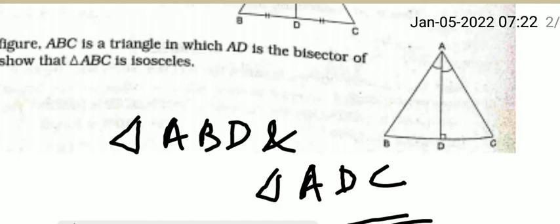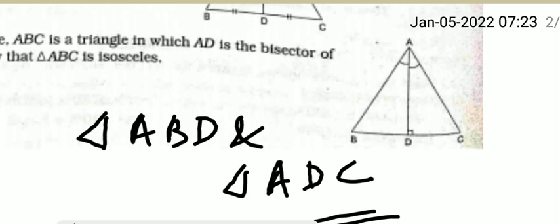So therefore you have to write that triangle ABD is congruent to triangle ADC by AAS criteria, angle side. Then very simple, you have to write AB equal to AC by CPCT. So then in triangle ABC, here AB equal to AC, so therefore ABC is a isosceles triangle. Isosceles triangles, we know that any two sides are equal. Okay. So in this way you have to solve it.